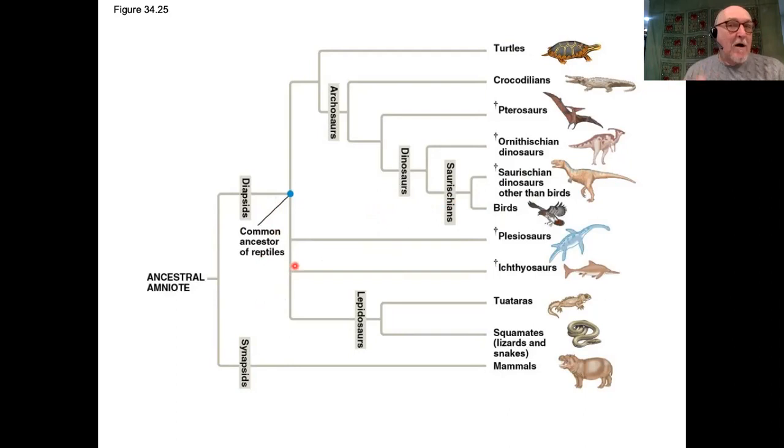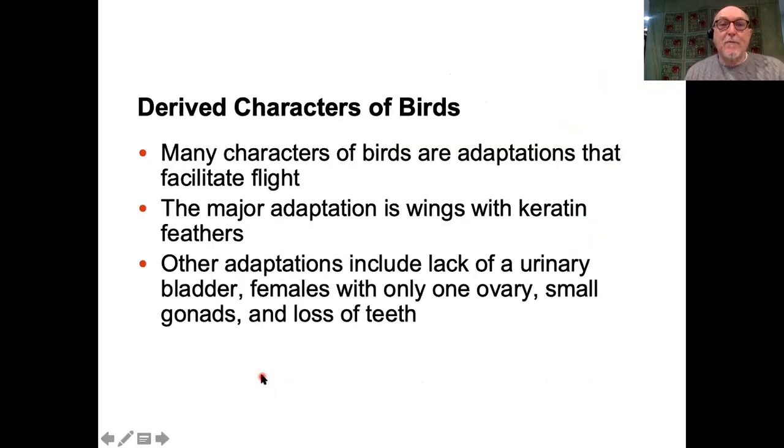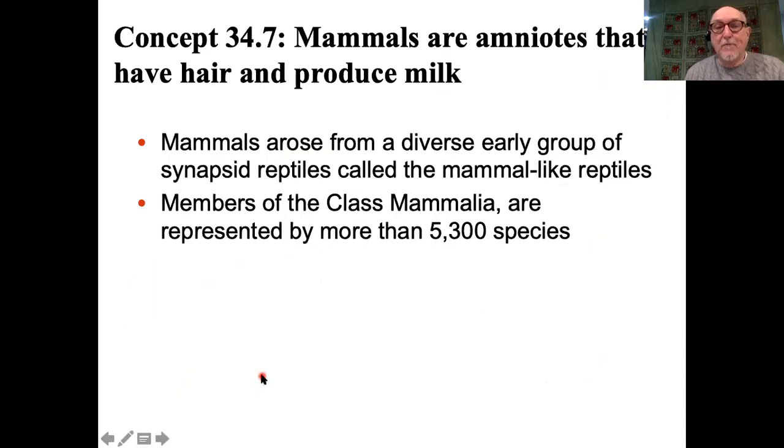It was the dying out of the synapsids in the Permian, and think back and you'll remember the Permian, the end of the Permian was one of the great mass extinctions. And what was wiped out was almost all of the synapsids, except for one little group of synapsids, and those went on to form the mammals. So this synapsid group is tremendously important.